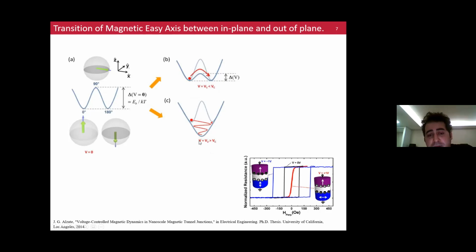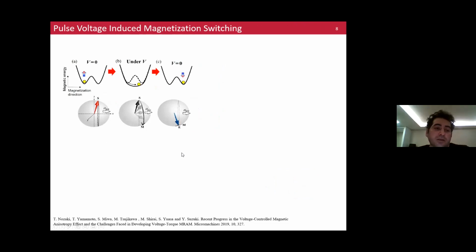Because of that, if we apply more voltage than the critical voltage, the magnetization switches to the XY plane with a precession motion. So this is the explanation of this switching mechanism. We can switch magnetic anisotropy from a perpendicular state to an in-plane state. So a question can arise here.